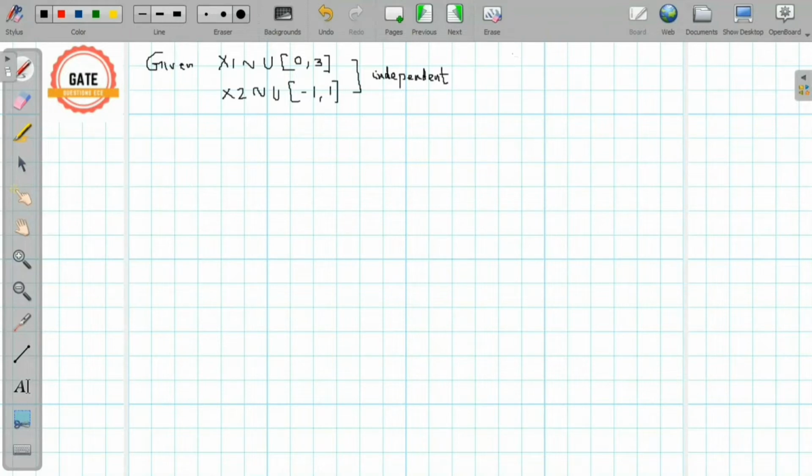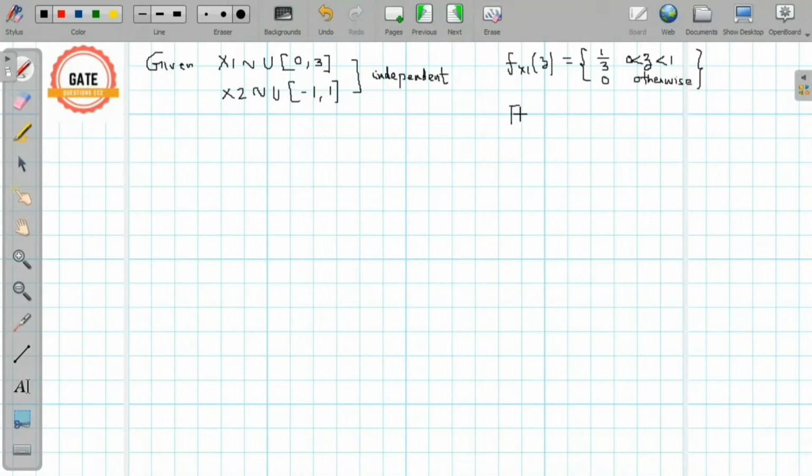So we can write the PDF of x1 for sample value z as 1 by 3 in the range z greater than 0 and less than 3, and 0 otherwise. For all other values of z it will be 0.